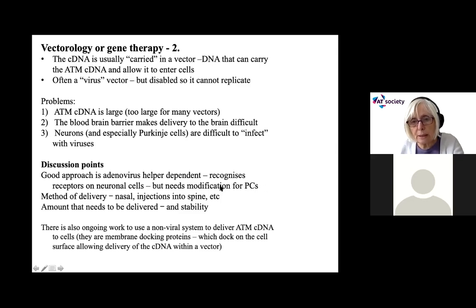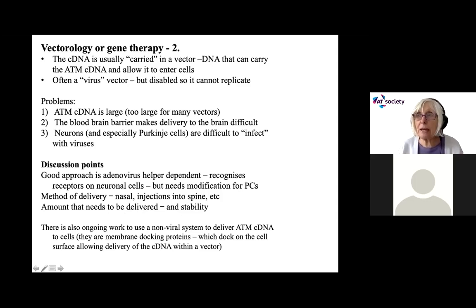So the proposal was to change it, and it was very elegant work to try and make it recognize and select the cells so it can get into the Purkinje cells. It's still difficult to deliver it because of this blood-brain barrier, and there are various different ways that aim to overcome that.